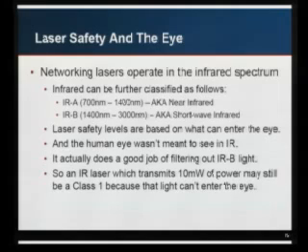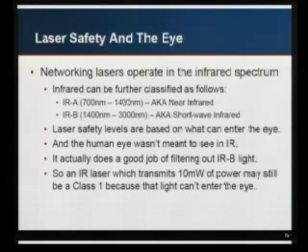Infrared can also be classified into different bands. There's what's called near infrared, which is between 700 to 1400 nanometers, and there's far infrared. And one of the reasons behind the 1310, 1550 split is near infrared is actually a lot more dangerous than far infrared. What happens is the human eye is not meant to see infrared, and so it does a very good job of blocking the signal.